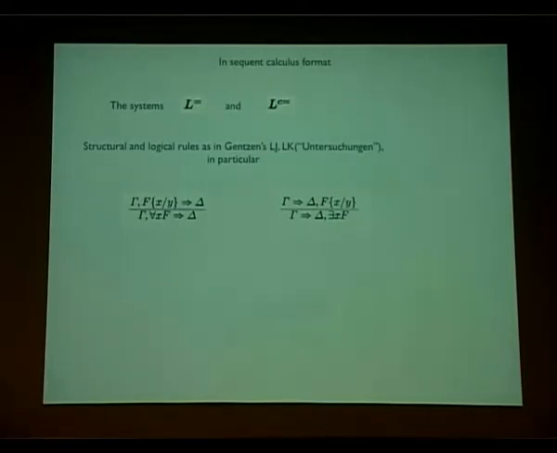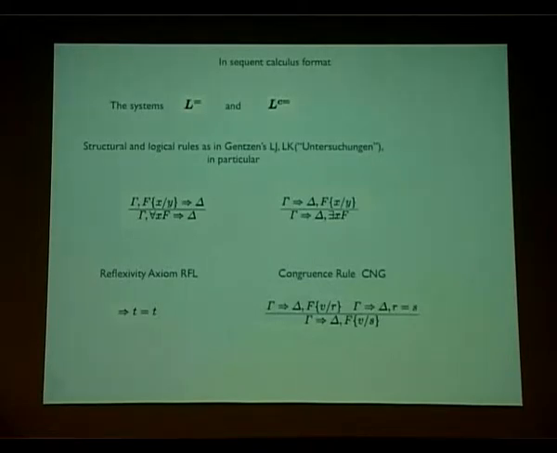Actually, he has parameters rather than variables, which makes a distinction between bound and free objects. For the reflexivity axiom, we have this, and the congruence rule would be this. Well, this is the natural counterpart in sequent terms, but this is the natural deduction rule that I showed you before.